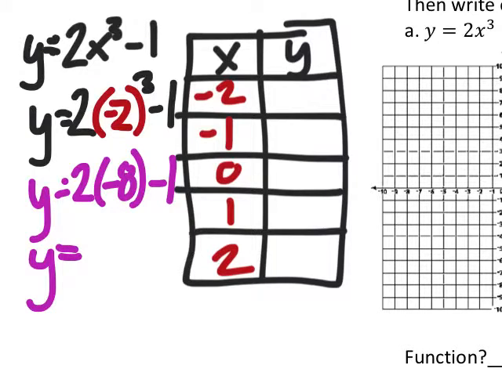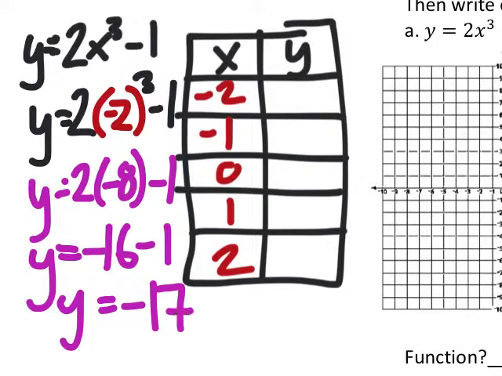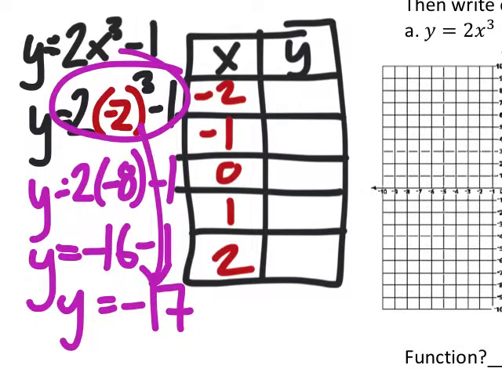And then 2 times negative 8 is negative 16 minus 1. And we see that the y value is negative 17. You can use a calculator for this. I'm showing all the steps, but a calculator will take you from here directly to this negative 17. So we see this is negative 17.